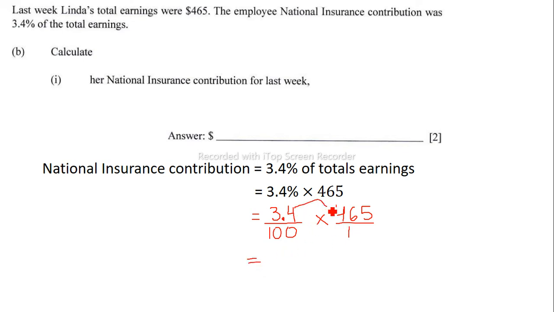So 3.4 times 465 is 1,581. Very good, 1,581. And what is 100 multiplied by 1? 100. Very good.